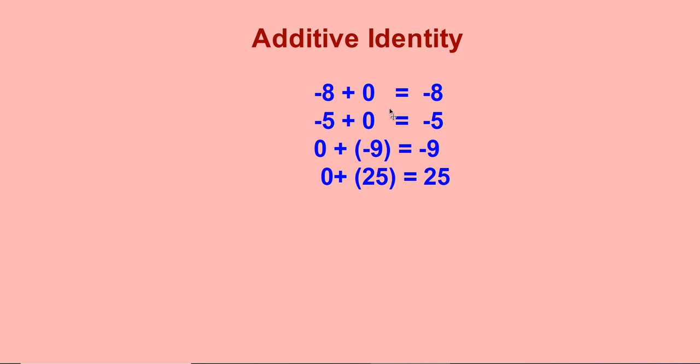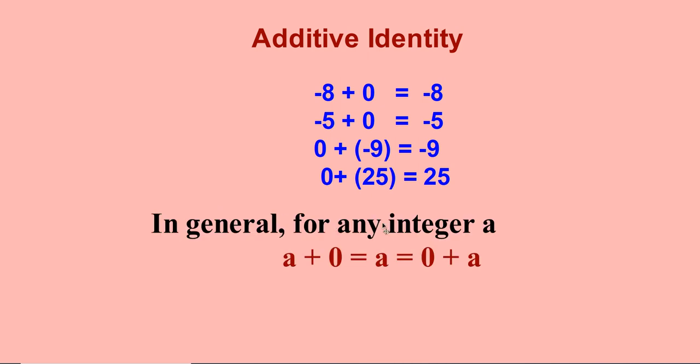So 0 we can call as additive identity. So in general we can say, for any integer a, a plus 0 equals a, which is equal to 0 plus a. That means a added to 0 or 0 added to a, you are getting the same integer a.